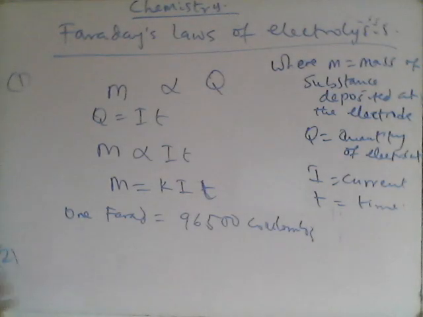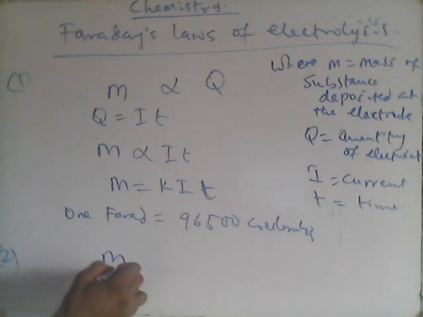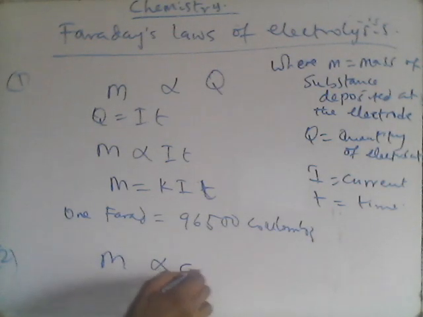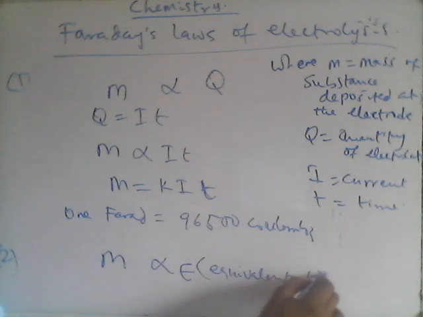The second law states that when the same quantity of electricity is passed through different electrolytes, the mass of substance liberated is proportional to their equivalent weights. So for the second law, M is proportional to the equivalent weights.